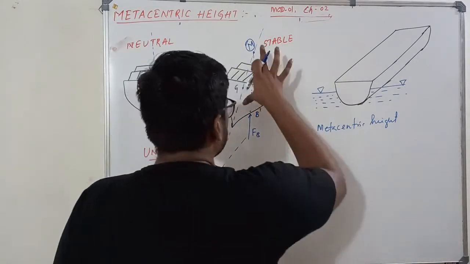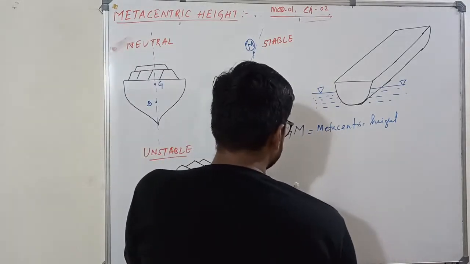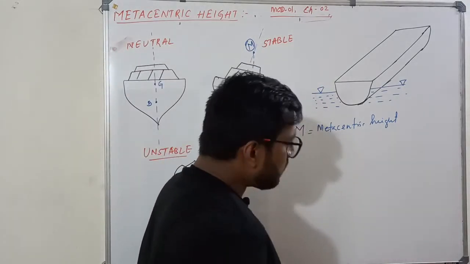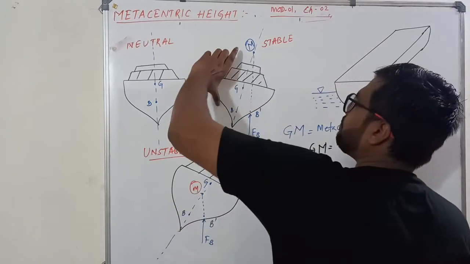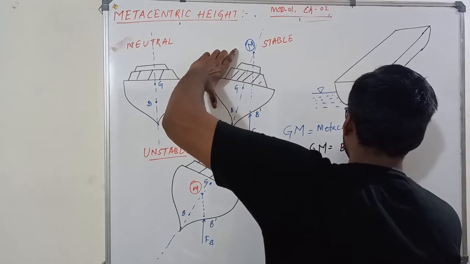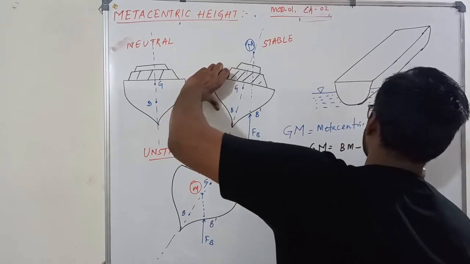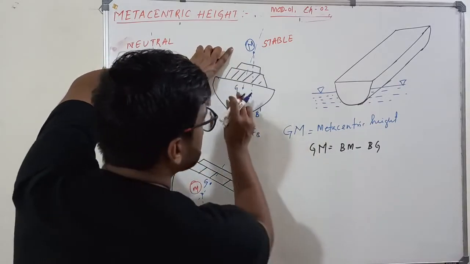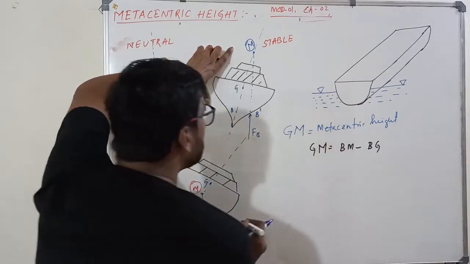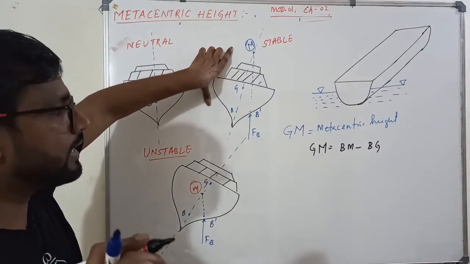Very good. Now, how to write GM? This GM is equal to BM minus BG, the distance BM minus the distance BG. What is BM? BM is the metacentric radius, or radius of metacenter.